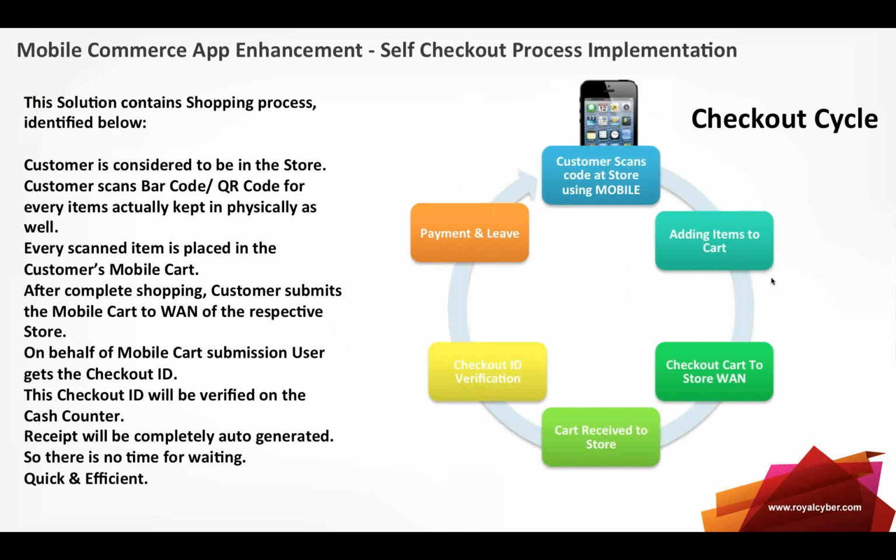So overall, the solution contains the shopping process, which I've highlighted. The basic idea here, we call this a self-checkout process, or also a scan and go process. Basically, the process is they scan the items using any of three different ways.